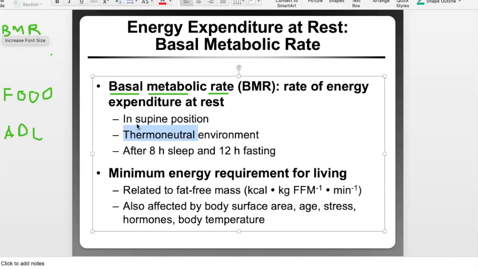So if you're lying in a supine position, it's eliminating all of these ADLs. And if you're fasting, then we're not considering the amount of energy that's spent on the digestion and circulation of food through your GI. We're only now talking about your basal metabolic rate, the amount of energy it takes to be at complete and total rest. That's the minimum amount of energy required for living.